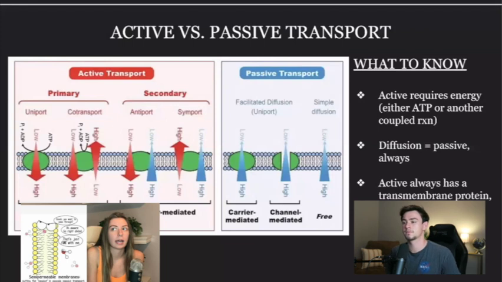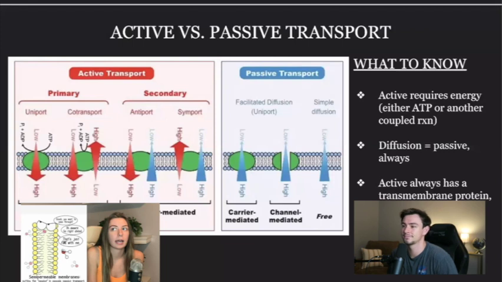That's why all of the active transports have some sort of energy input and some sort of low to high concentration movement. With secondary active transport, you're moving two molecules at the same time. With the antiport, one would be low to high and one would be high to low, going in opposite directions, like one's coming in and one's going out.